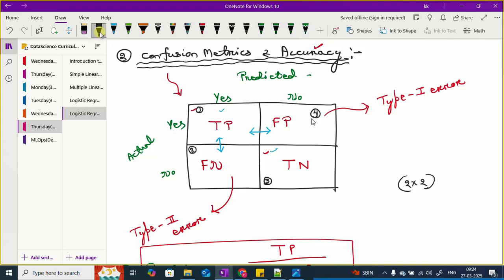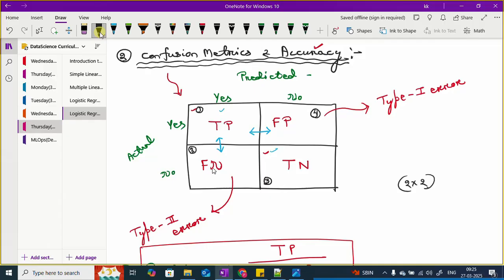Out of 1, 2, 3, 4, guys, there is no problem with 1 and 3. Why? Because these two values are matching. Here actual yes, predicted yes. Here actual no, predicted no. Both statements are matching, so there is no issue with that.